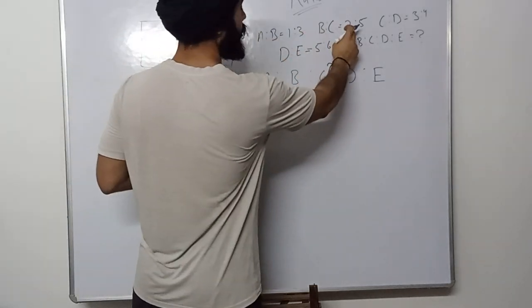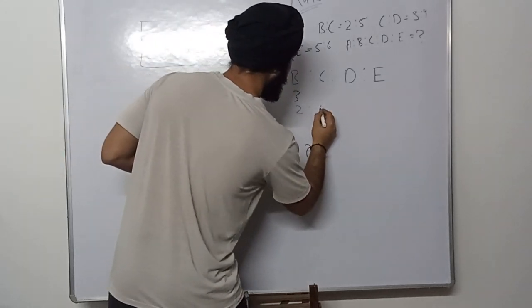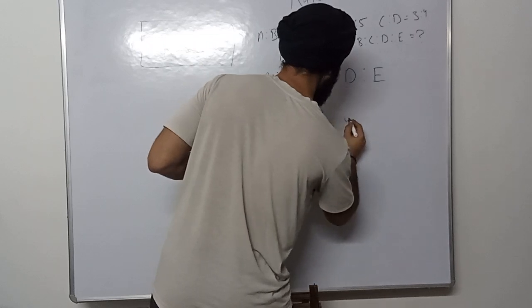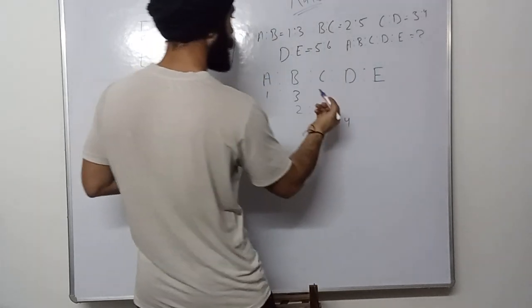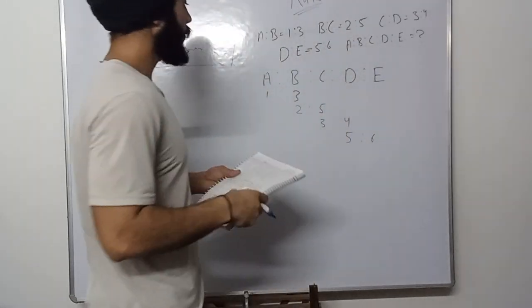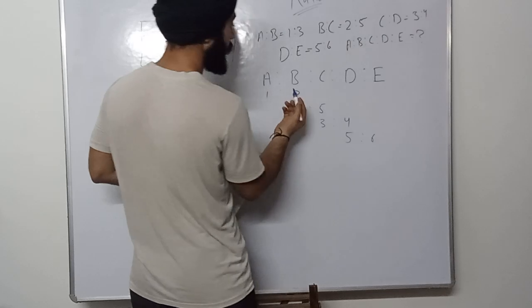Second is B ratio C. Write it down: 2 ratio 5. C ratio D: 3 ratio 4. D ratio E: 5 ratio 6. Now the trick is, after writing these, go with the last.